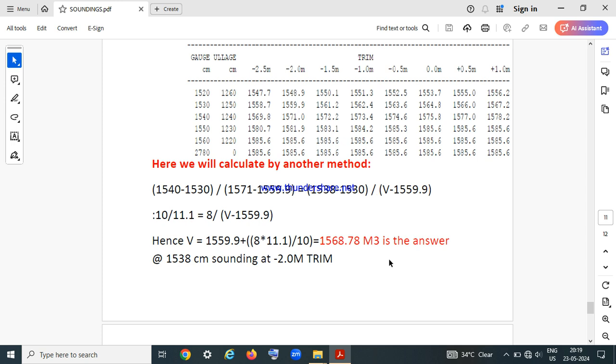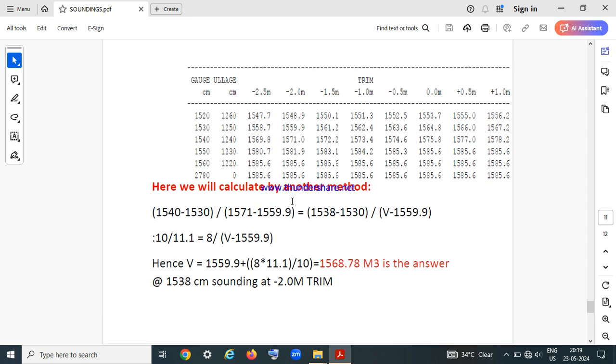So this is the other method. This is the meter cube value which we wanted to find. Suppose you want to confirm that this method is correct. If you don't want to do it from this method or you find it a little difficult or tricky, you can do the same thing as previously: 1540 minus 1530, and at this -2 trim, 1571 minus 1559.9.